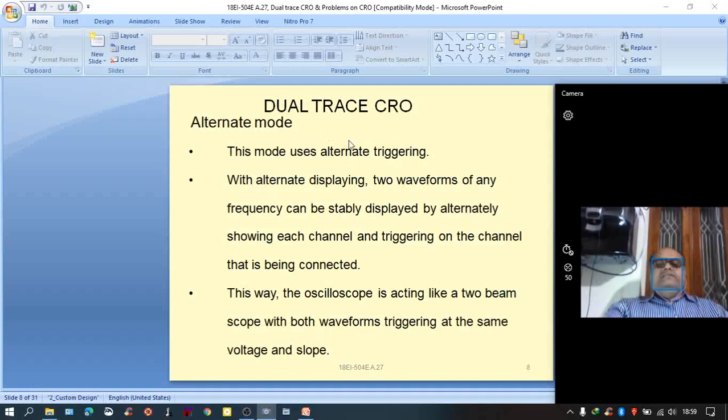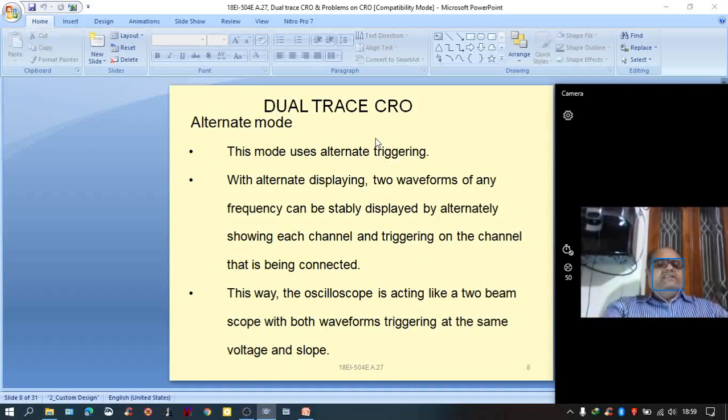Let us see what we have discussed already. Alternate mode. This mode uses alternate triggering. With alternate displaying, the two waveforms of any frequency can be stably displayed by alternately showing each channel and triggering on the channel that is being connected.